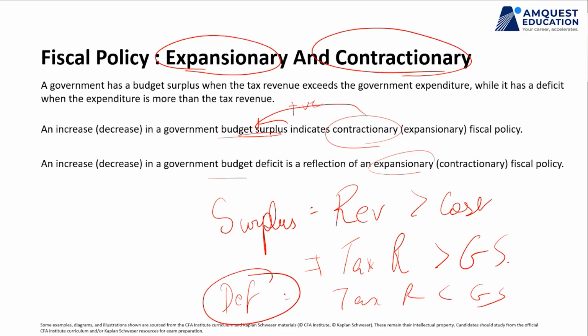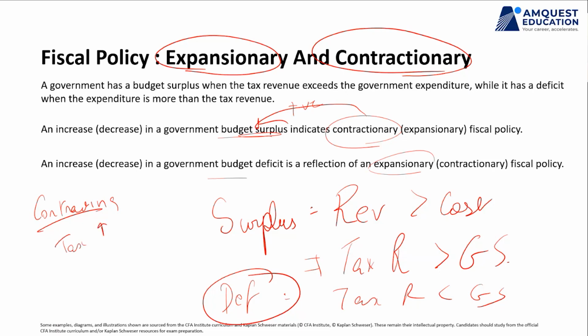Contractionary means contracting. In a contractionary fiscal policy, the government will increase the taxes. If it is contracting, the fiscal policy is squeezing you, which means the tax is increasing.